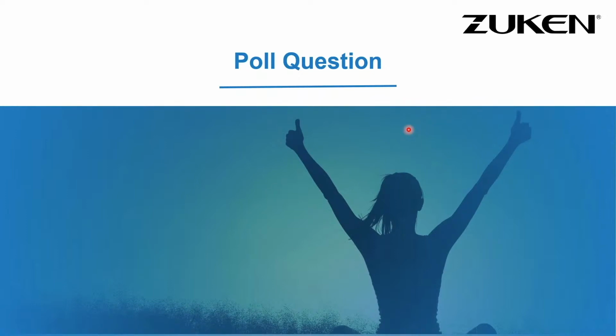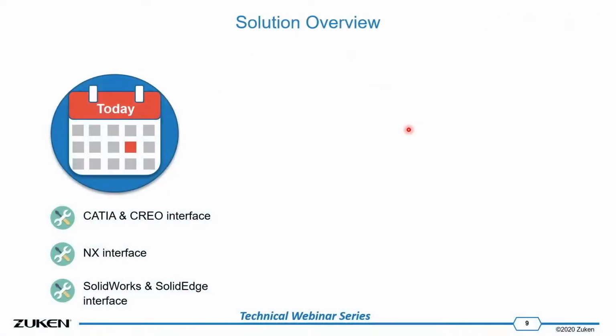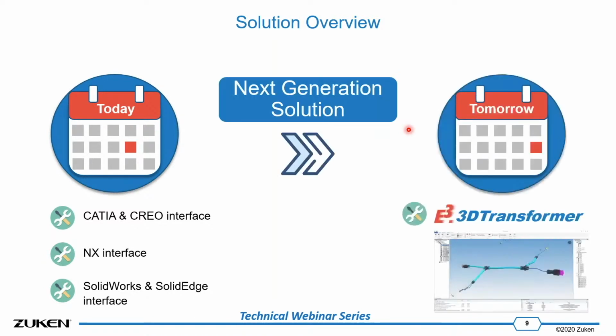All right, thanks for the poll question and responses. Just to reiterate, in today's challenges, we have these interfaces of Creo, NX, SolidWorks. Having said that, what we're going to be reviewing today is this next generation solution, the E3 3D Transformer. It offers a single tool that supports a wide variety of file formats, and it acts as the missing link between your schematics and your MCAD engineer.